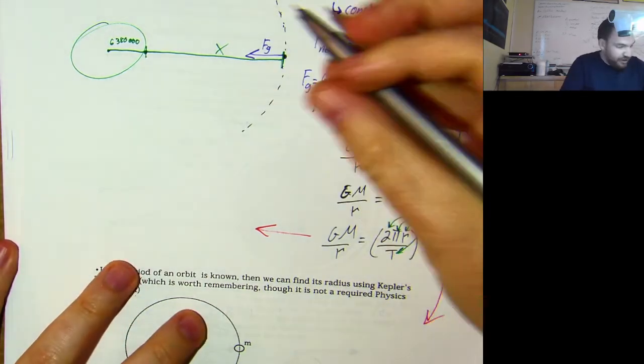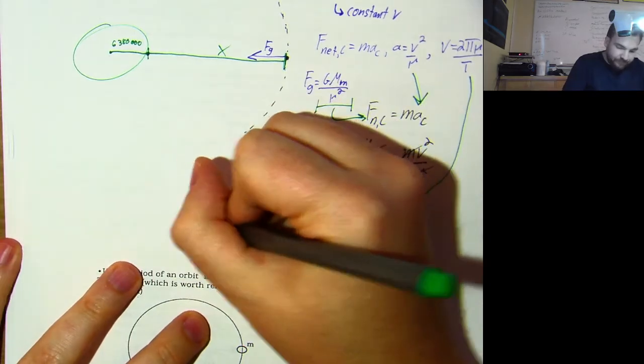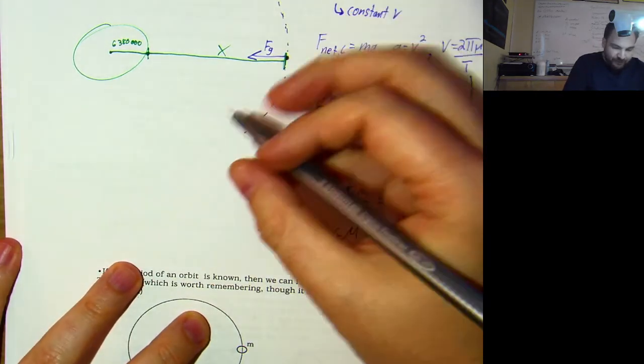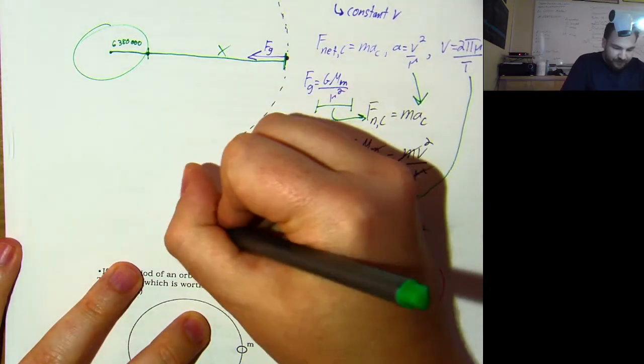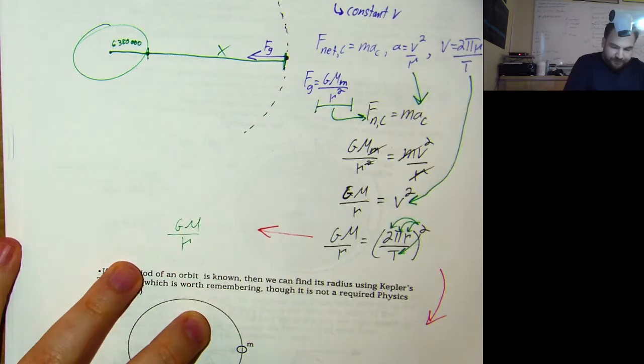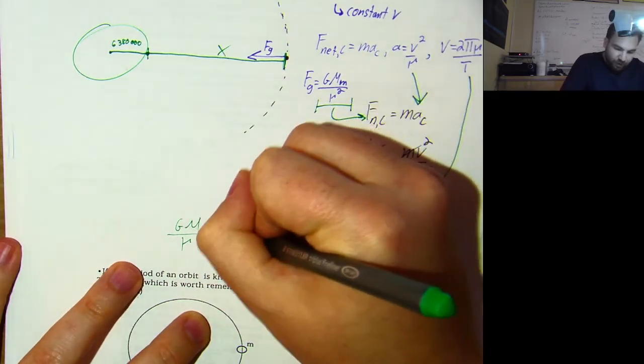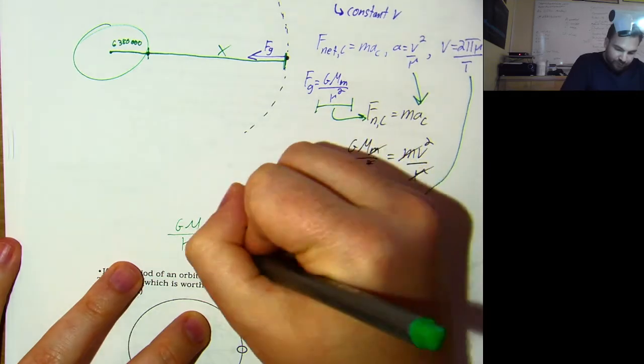So I'm going to get this expression here. This is going to get weird and gross, but that's okay. G M over R equals 4 pi squared R squared over T squared.